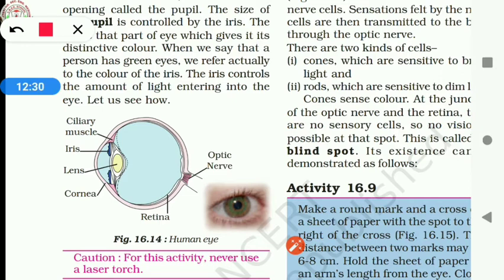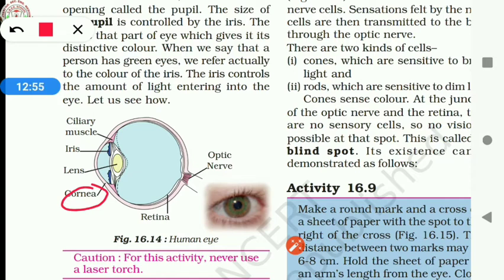The outer coat of the eye is white. It is tough so that it can protect the interior of the eye from accidents. Its transparent front part is called the cornea.